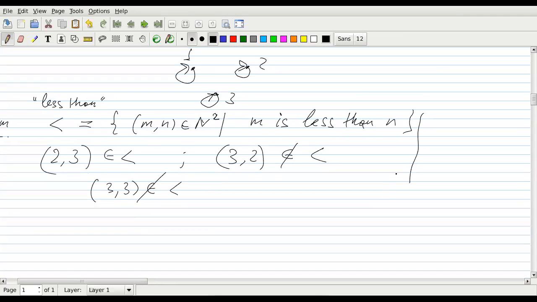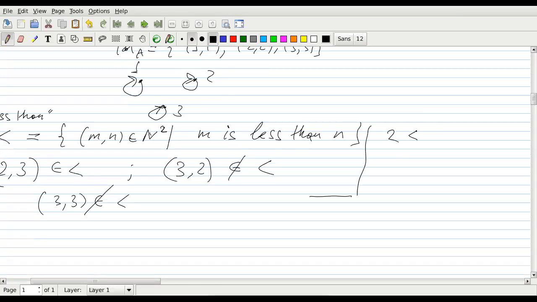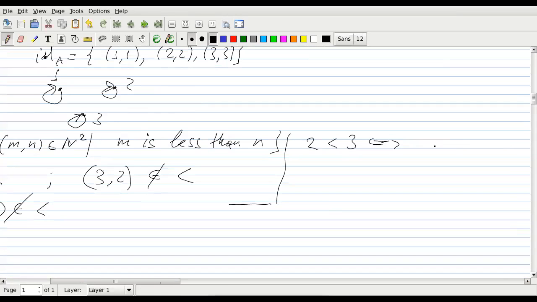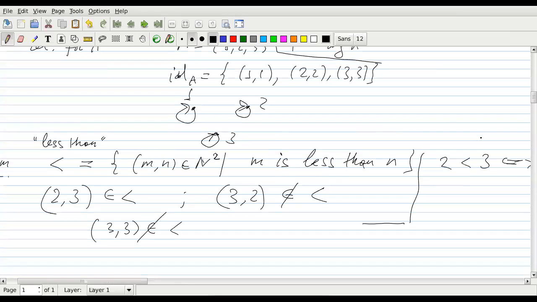And now let's introduce some convenient notation. In general, you say that 2 is less than 3 instead of writing that the pair (2, 3) is an element of less than. By the way, this symbol is now the name of a set.